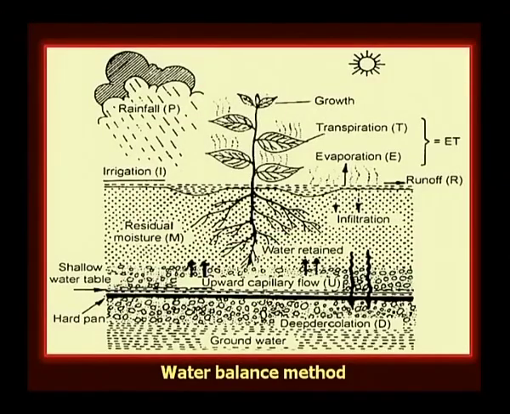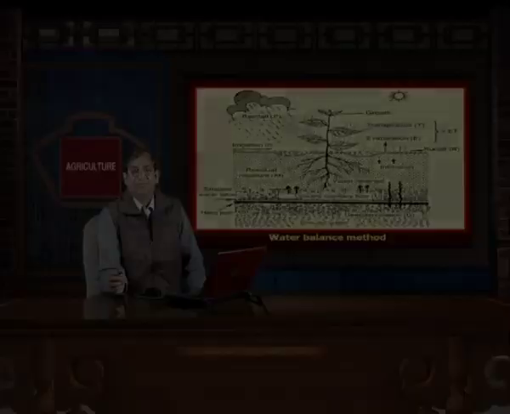The components of water addition, that is precipitation, irrigation and profile contribution, have been shown, as well as the components of water loss, that is evaporation, transpiration, runoff and deep percolation losses. So, the water requirement can be determined by computing the other components of water balance by the water balance method.